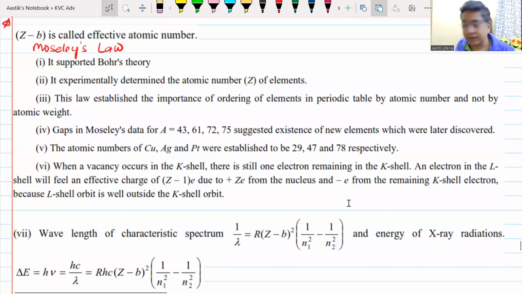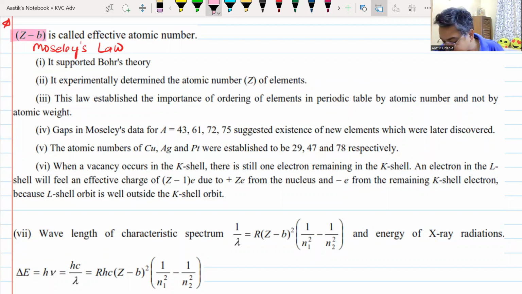Now, these are some important points about Moseley's law. This Z minus b sometimes is known as the effective atomic number. In this way, Moseley actually corrected Bohr's model and made it better. It supported Bohr's theory. It experimentally determined the atomic number of elements.